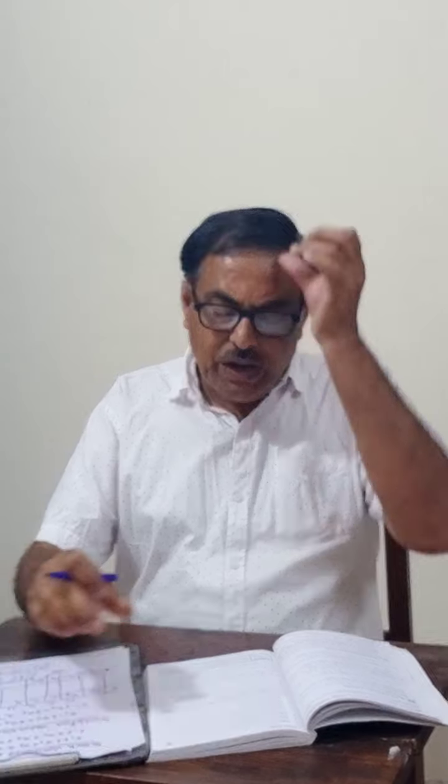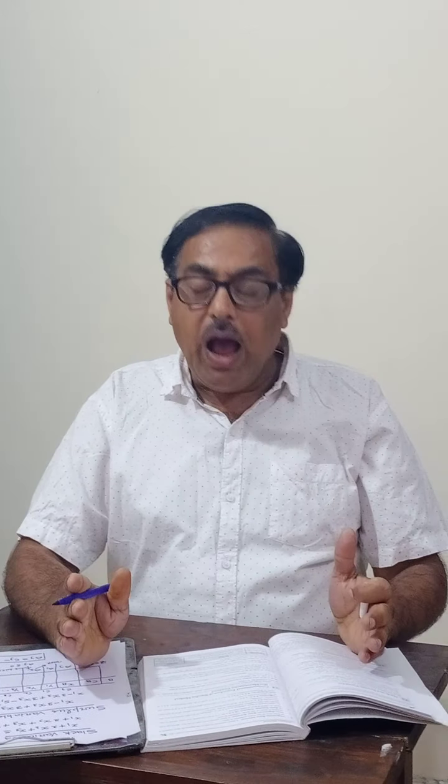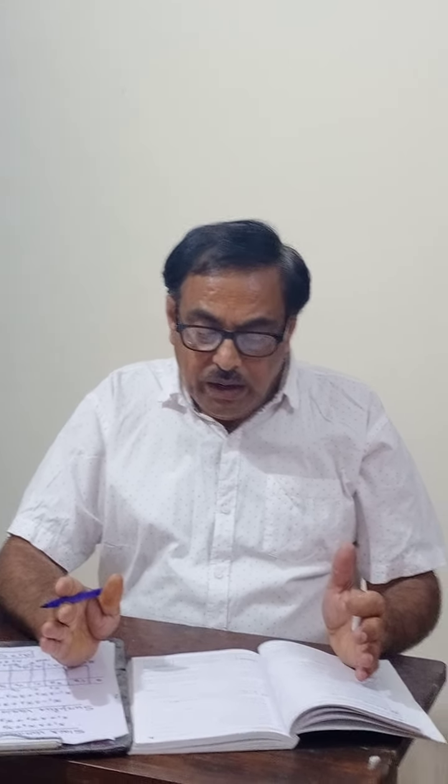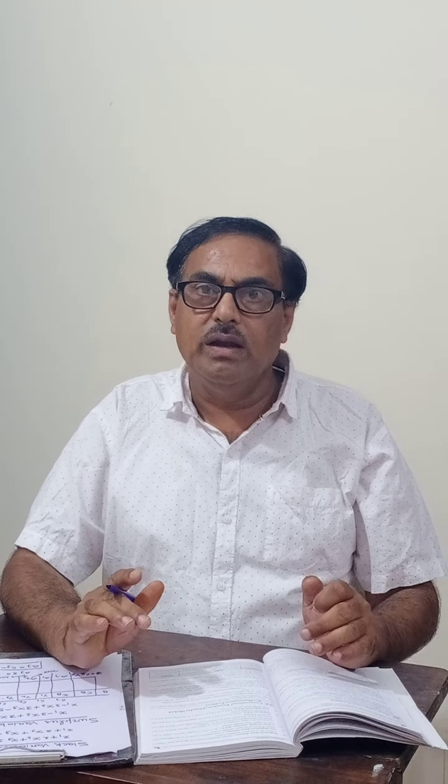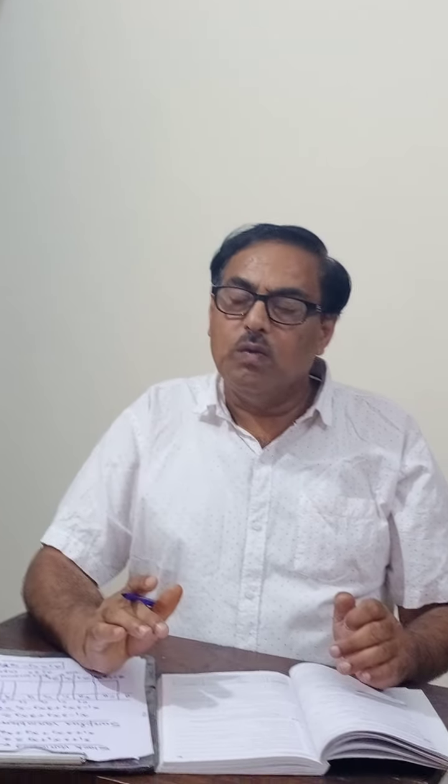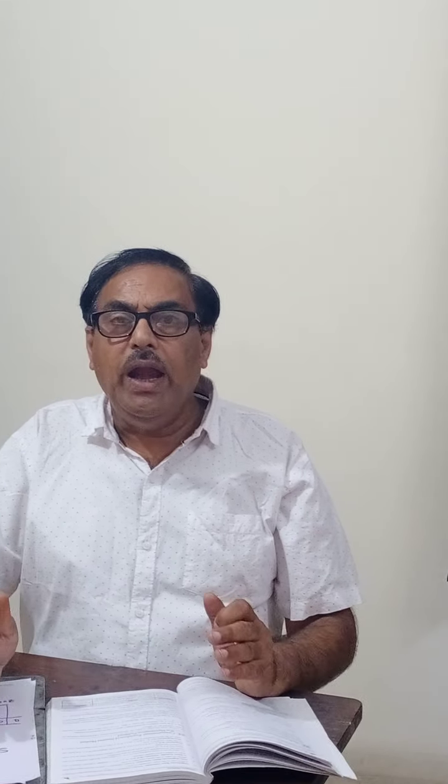In the second step, we make all bi's non-negative. This means if in any inequality some bi is negative, then multiply this inequality by a negative sign. Then the inequality will also reverse and bi will become positive from negative.